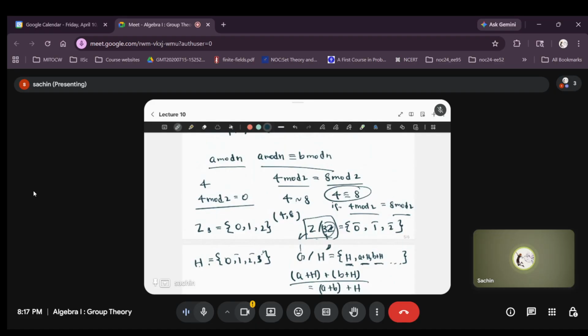That's why this is related. Or you could have written it as 3Z itself instead of 0 bar. Then this would have been 1 plus 3Z. You add 1 to every element of 3Z. Then what would you get? You get elements of the form multiple of 3 plus 1. What will they give you as the remainder if you divide by 3?